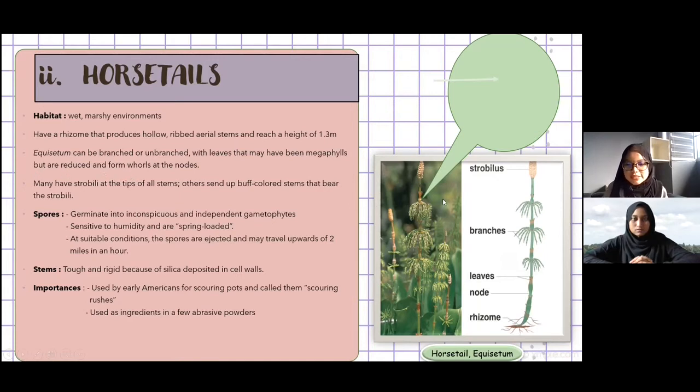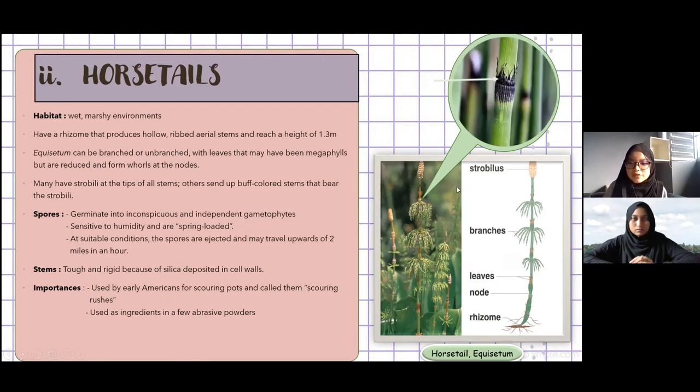This is the picture of the unbranched stems. If we look closer, these are the leaves that may have been megaphylls but are reduced and form sheaths at the nodes. This is at the node of the stems of the horsetails.